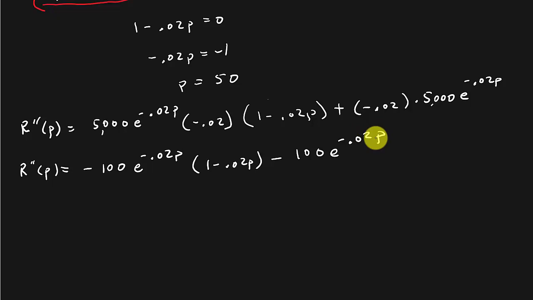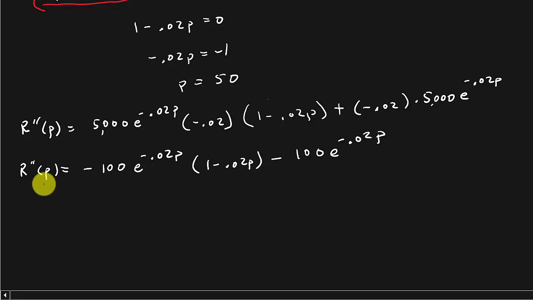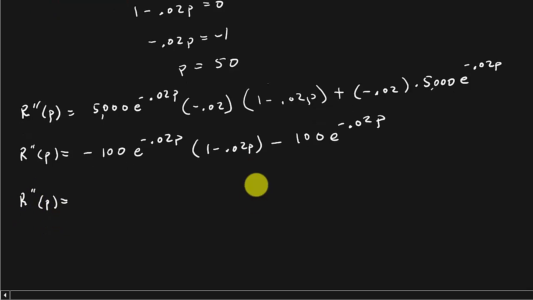You could actually stop right there, because basically what we're going to do is take the 50 and plug it into the second derivative. But let's go ahead and simplify it a little more, just to get some practice. So I get R double prime of p. I'm going to factor out a negative 100 e to the negative 0.02p.